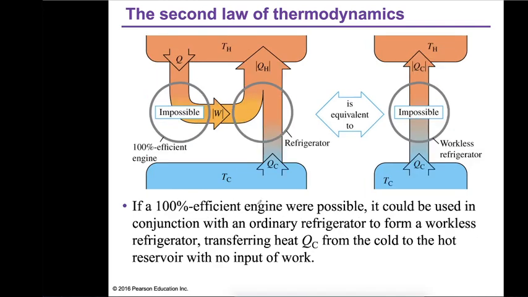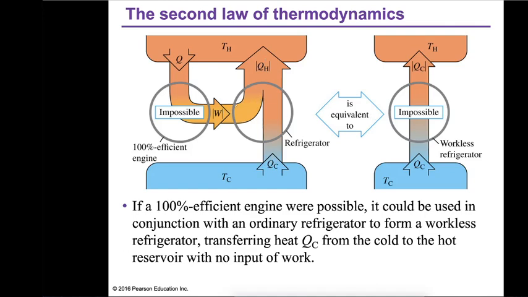And the reverse is also true. If a 100% efficient engine is possible, for example, if Q could be transferred completely into work, then you can use this work in a refrigerator, which can transfer QC into QH plus the work.